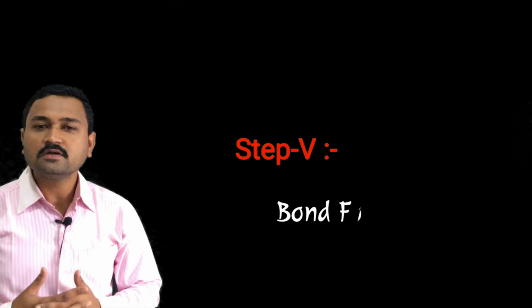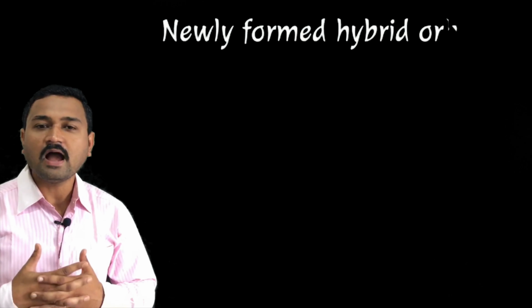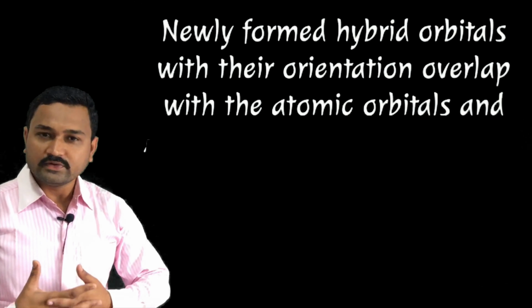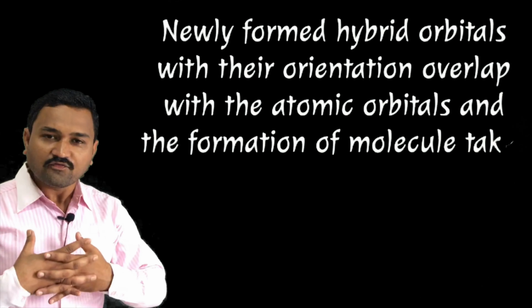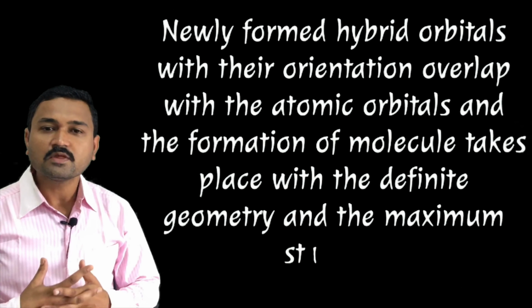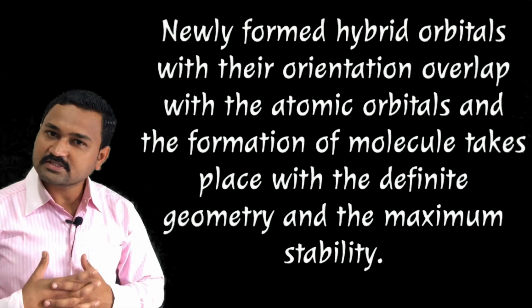Now step five during the hybridization process is the bond formation. These newly formed hybrid orbitals, with their orientation, overlap with the atomic orbitals and the formation of the molecule takes place with the definite geometry and the maximum stability.